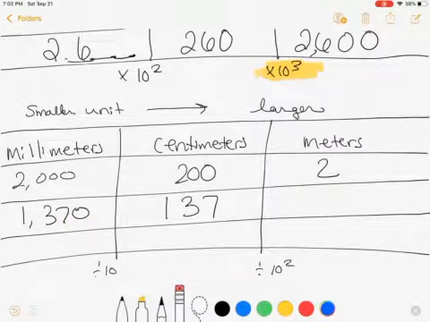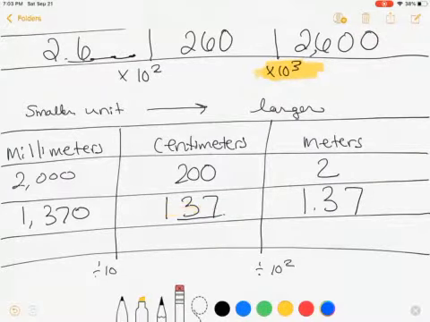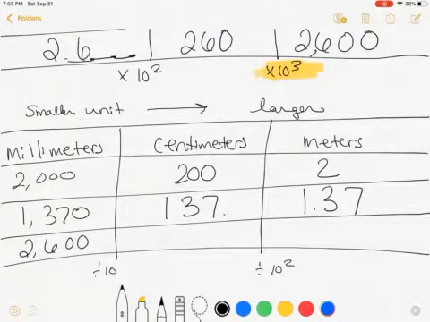Now if we want to convert 137 centimeters to meters, we need to move that decimal place 2 places to the left, and we have 1 37/100. And our last number to practice, 2,600.